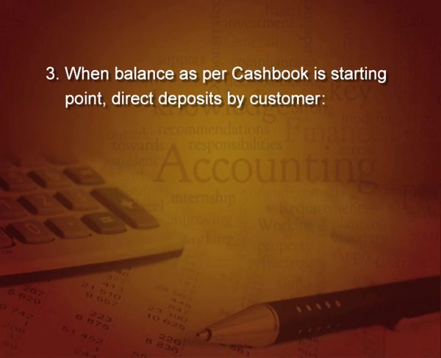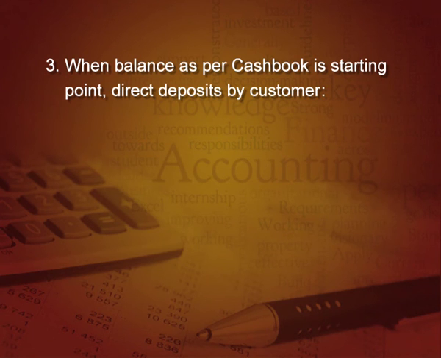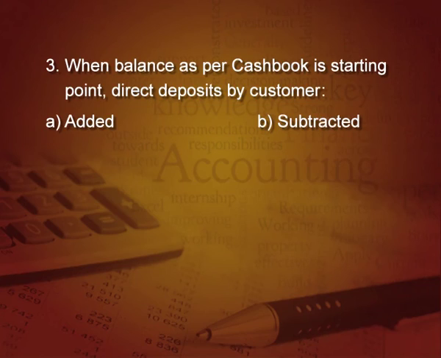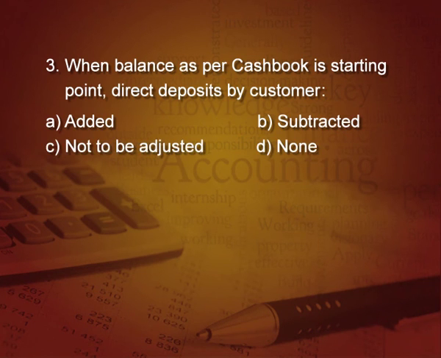Next one, when balance as per cash book is the starting point, direct deposit by the customer is A, added, B, subtracted, C, not to be adjusted, or D, none of these. See, the balance is of cash book. If somebody has directly deposited in the bank, it increases the passbook.